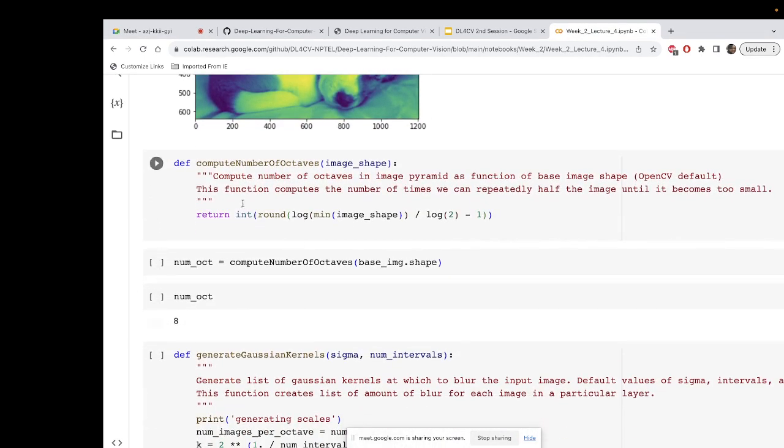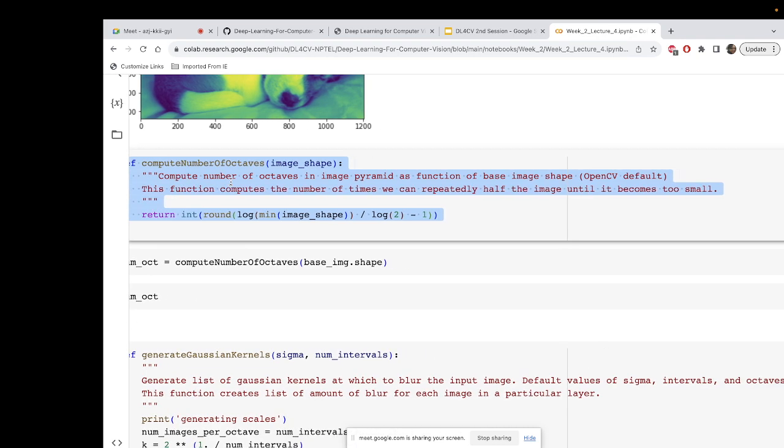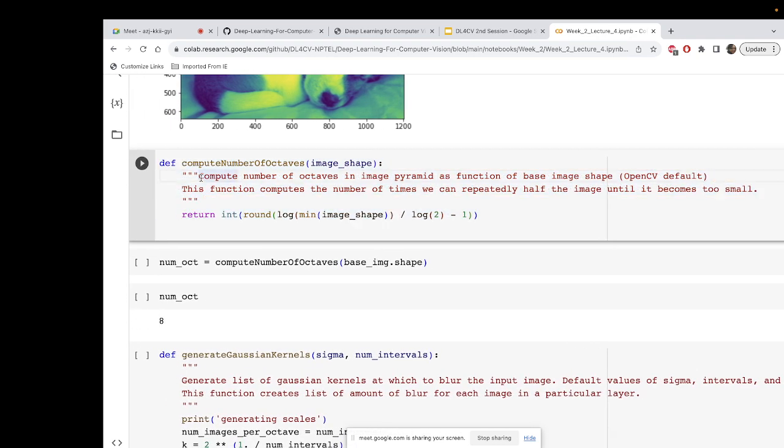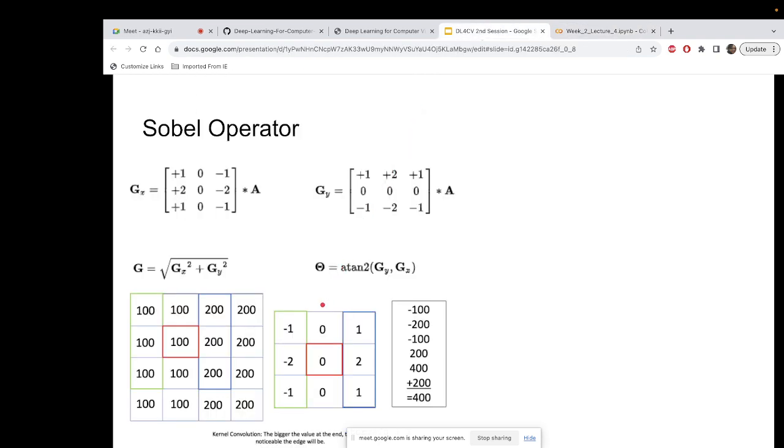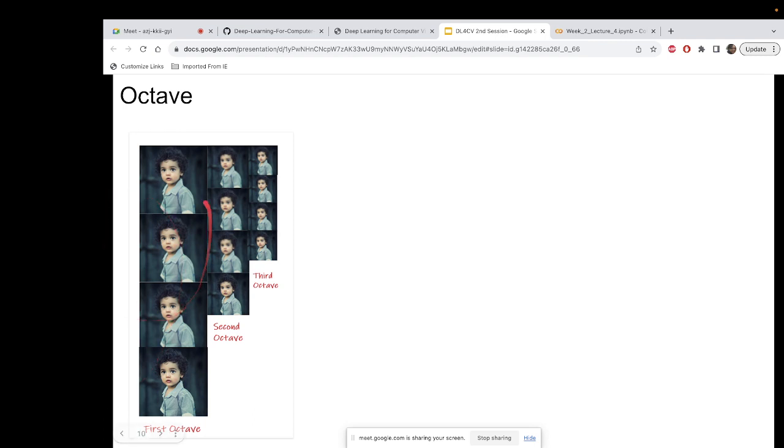And now this particular function is for computing the number of octaves. You can go through all of this. It computes the number of octaves in the image pyramid as a function of the base image shape, that is, the number of times we can repeatedly halve the image until it becomes too small, like we showed in the slides.